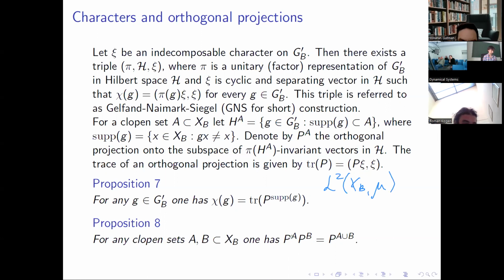What the orthogonal projection P_A does is take a function on our space and average over the set A. So it replaces the values on A by a constant.